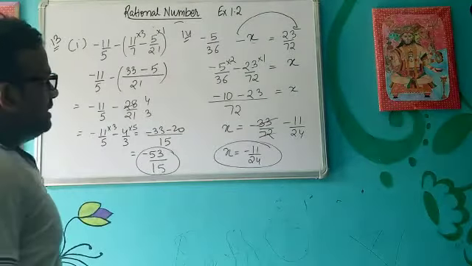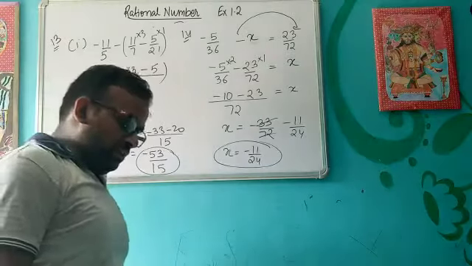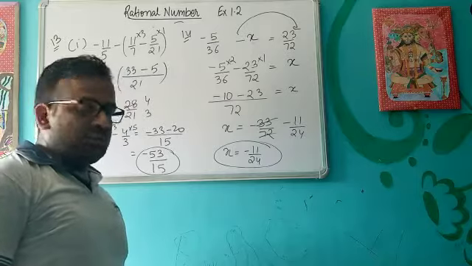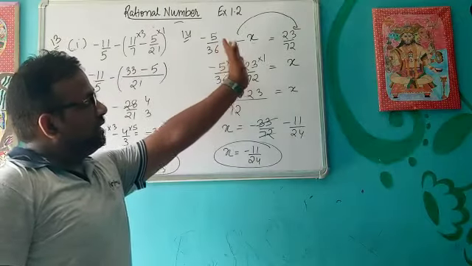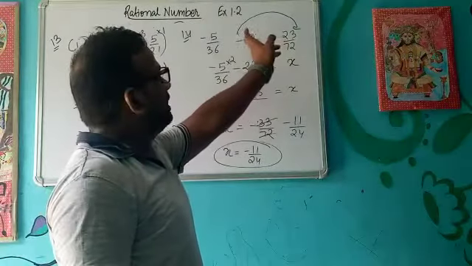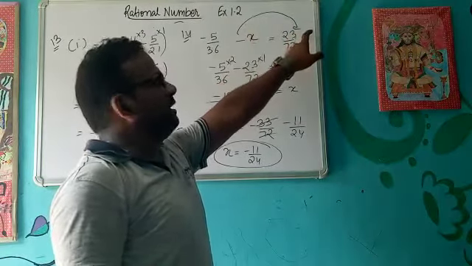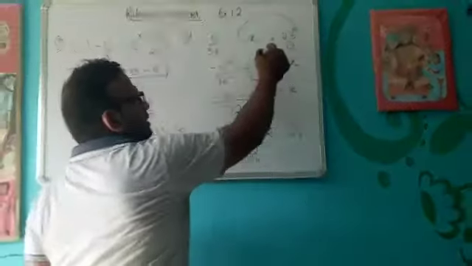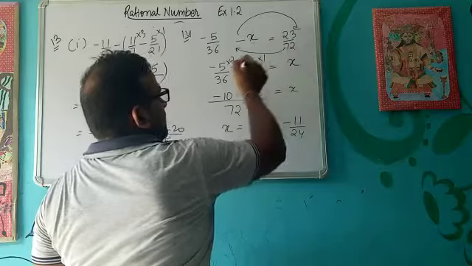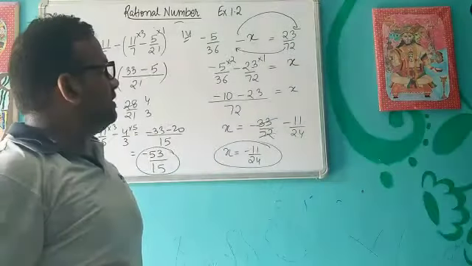So this is how you can solve the questions related to this subtraction and form the equations in questions like this. Take the variable to the side where it becomes positive. Here it was negative, so I have taken this variable here and I brought this constant value here. So it becomes plus x and it becomes minus 23 upon 72.